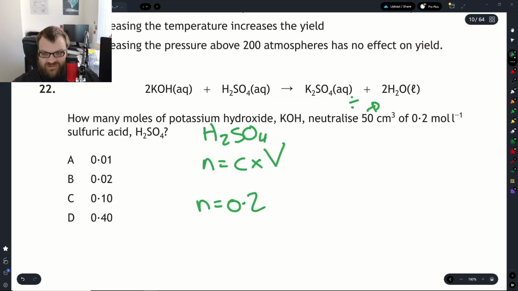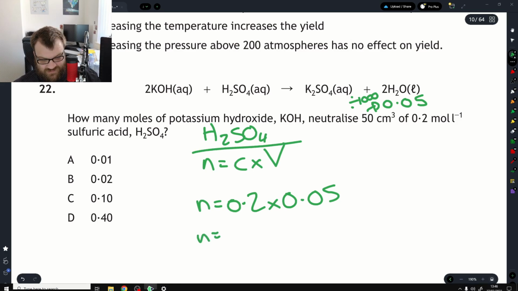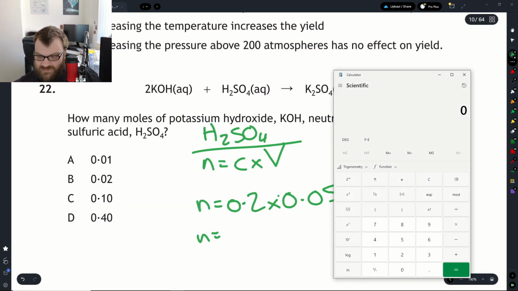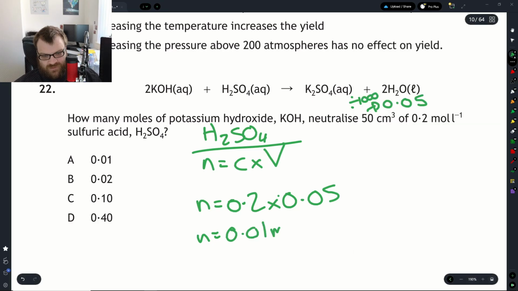We need to divide our volume by 1,000, which gives us 0.05. 0.2 times 0.05 gives us 0.01 moles of sulfuric acid that's been used.